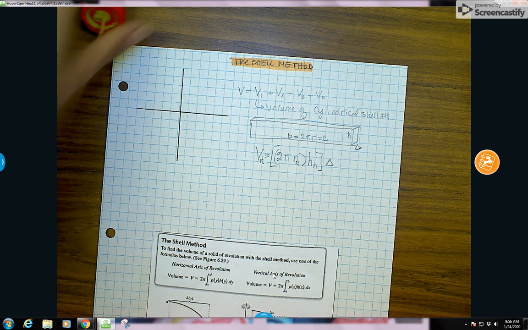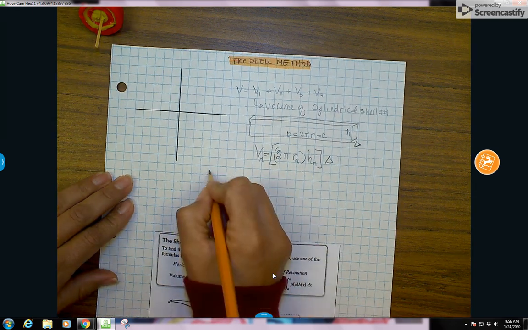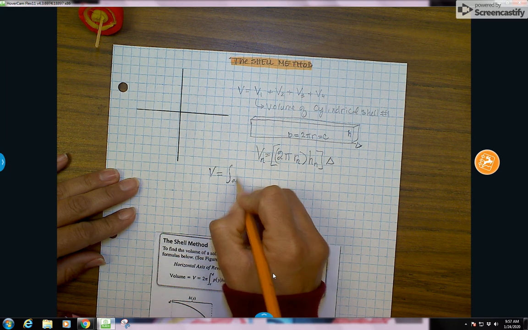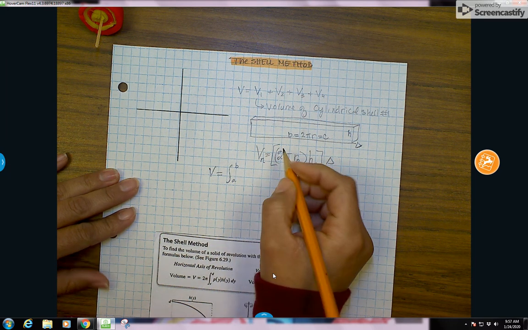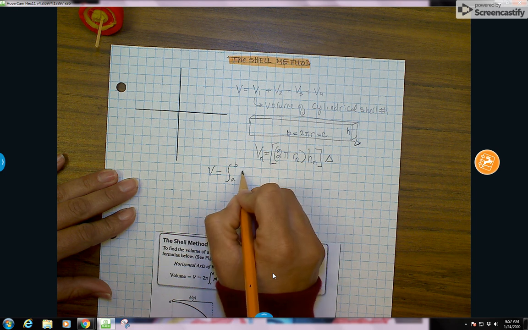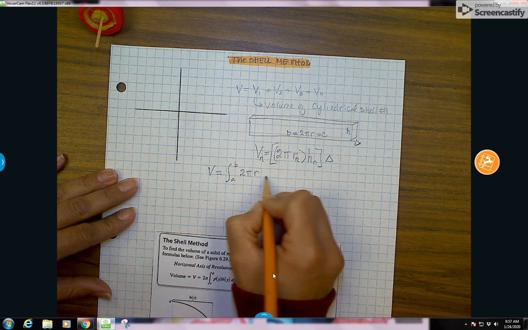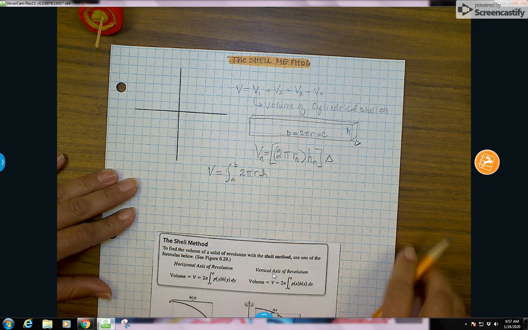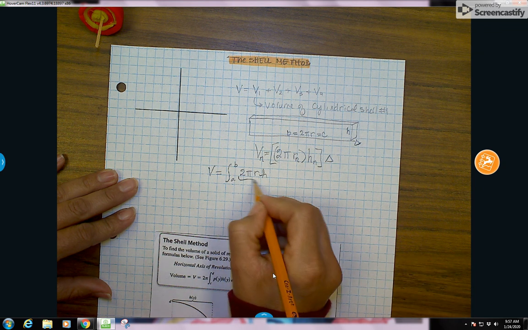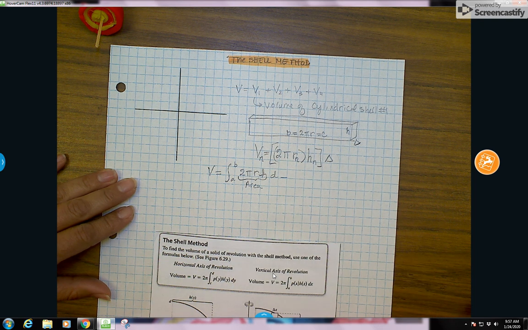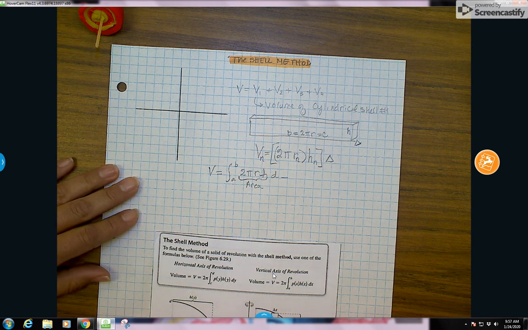So the volume formula that we have would be the volume is equal to the integral from a to b of the area of your base. So I'm going to say 2 pi r, which is going to vary, and h, which is going to vary. And so this is the area of the base times your delta, delta x or delta y.